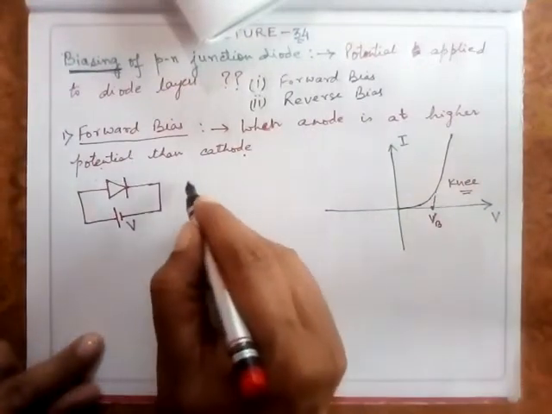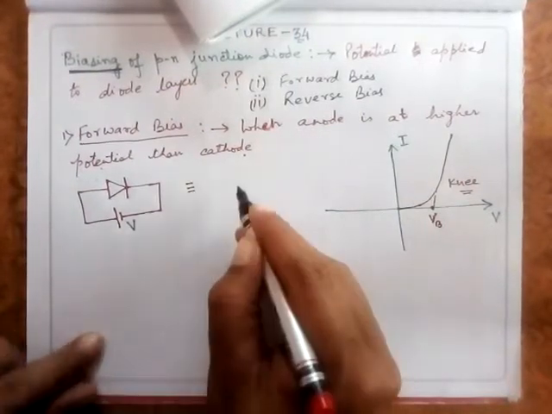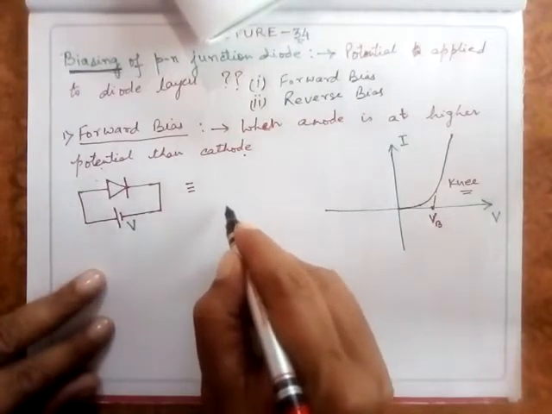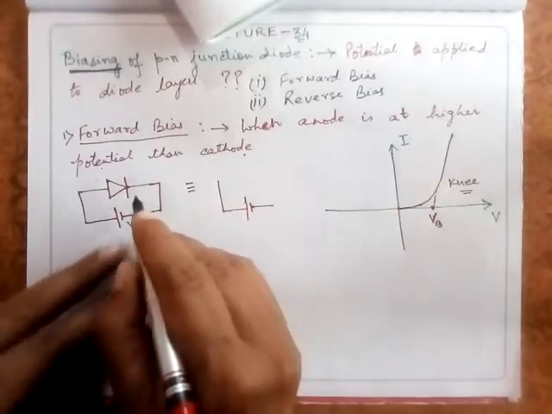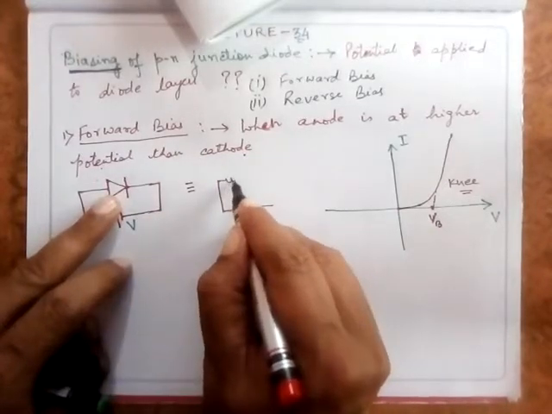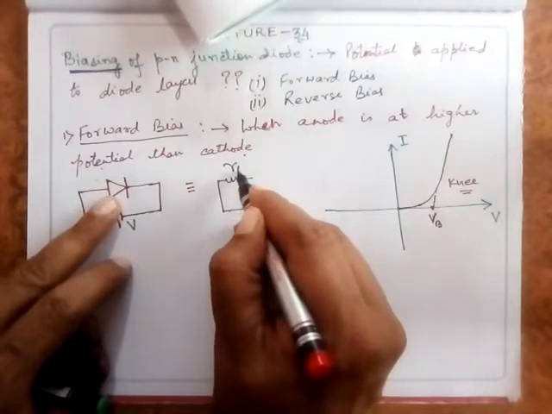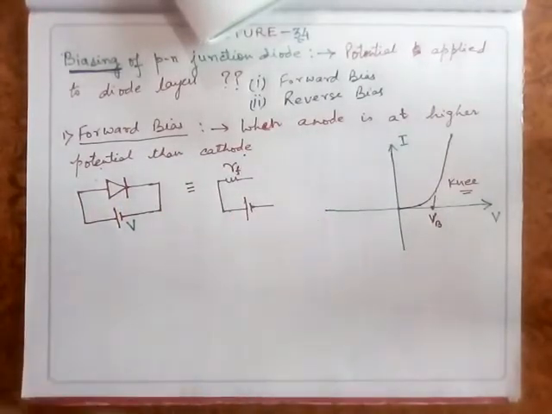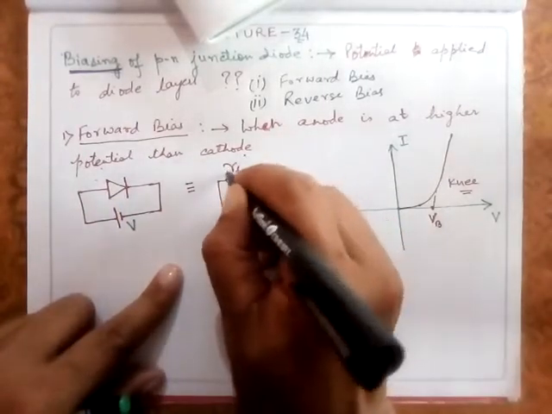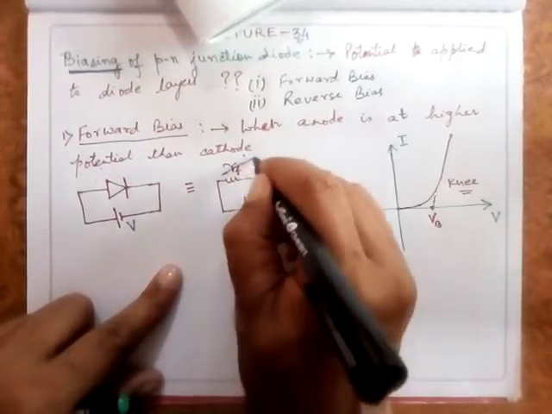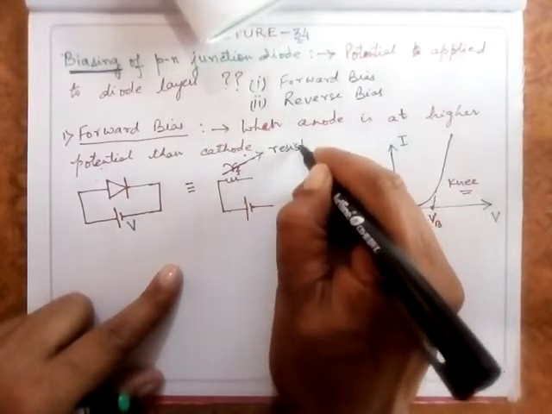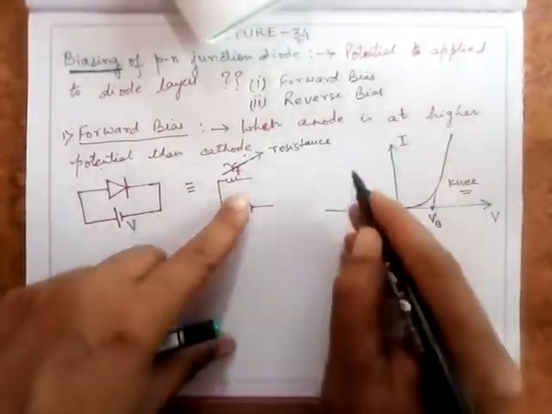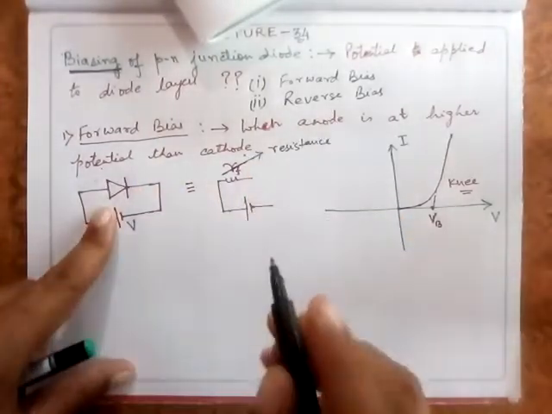Once it has overcome this voltage, it acts as a closed switch. That is, I can show it like this: when this diode is forward biased, look at the equivalent circuit of this. Of course, this diode will have some resistance, and suppose I name this the forward resistance RF, where R has the suffix F. This RF represents the diode resistance under forward bias condition.